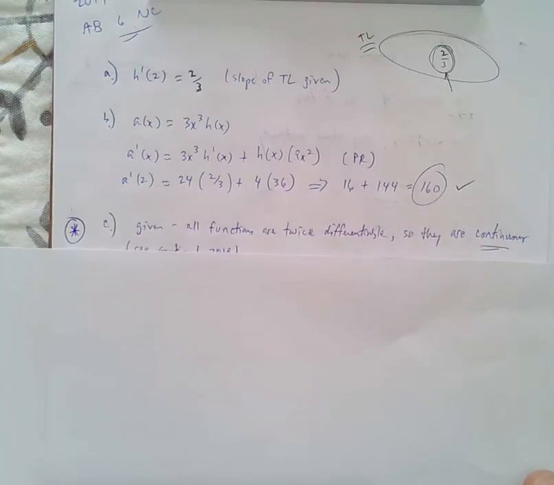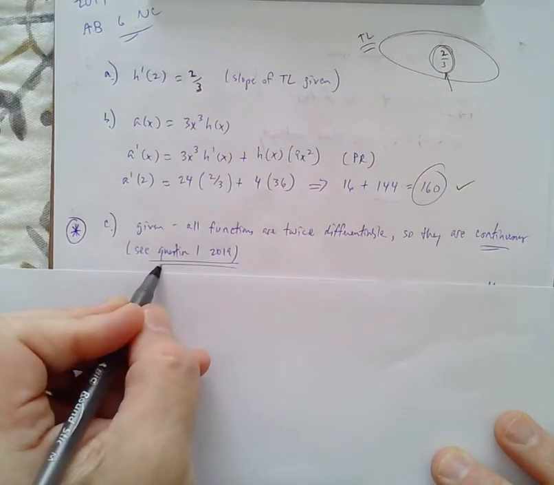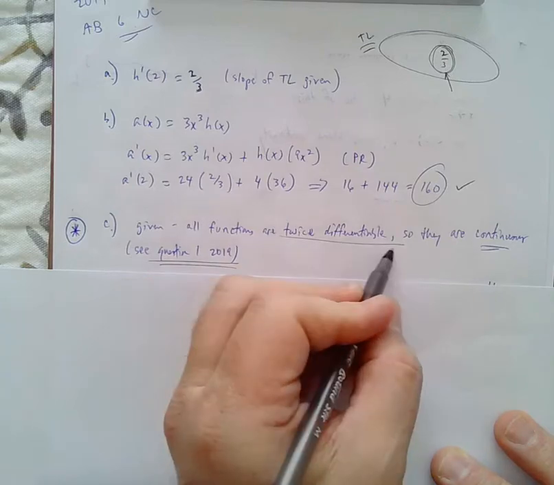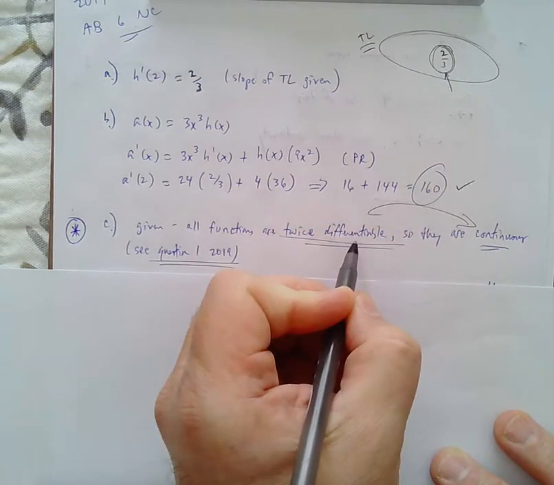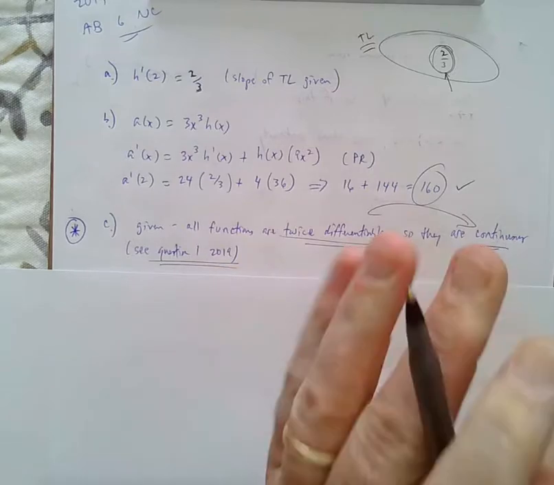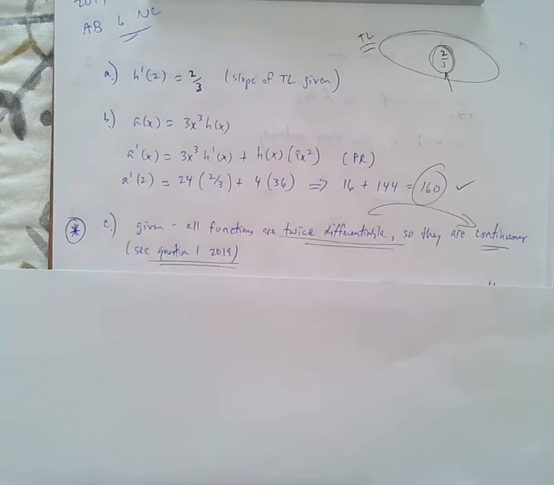Question C I thought was really hard. And again, we don't have to get every question right. Just like in question 1 from this year's exam or last year's exam, they tell you it's differentiable, so that's assuming that they're continuous. Remember, differentiability implies continuity. So if they tell you it's differentiable, then you know it's continuous.